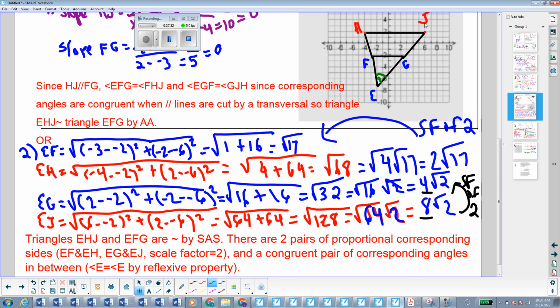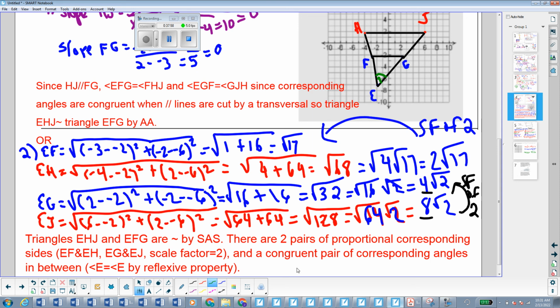And I found the length of EJ to be radical 128, which simplifies to 8 radical 2. So we can see once again, if we take 4 radical 2, double that is 8 radical 2. 4 times 2 is 8. So once again, we have that the scale factor is 2, showing that both pairs of corresponding sides are proportional by the same scale factor of 2. So we do have SAS.